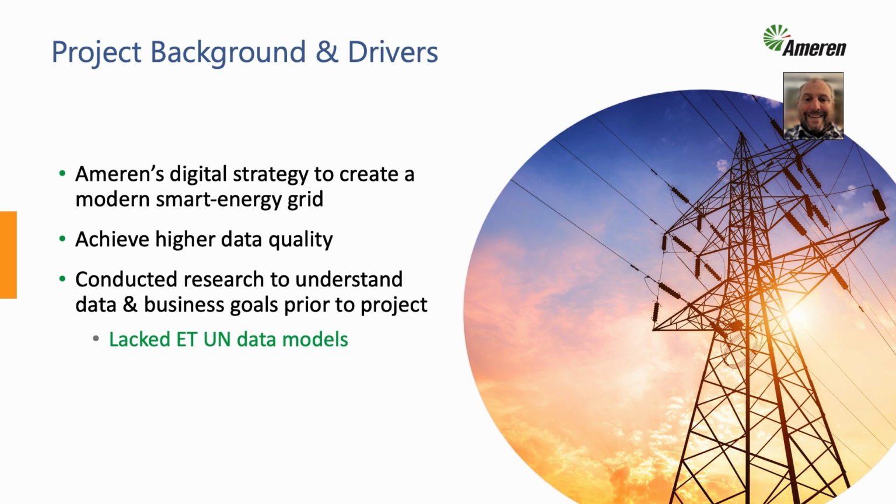We thought that it would help us with data quality because of all the rules and topology checks that are involved. But the main challenge we faced is that there aren't a lot of electric transmission customers that have moved to the utility network yet. If you've been to presentations like this before, they probably focus mostly on electric distribution, gas or water. Electric transmission, there's been very few companies that have completed the transition.